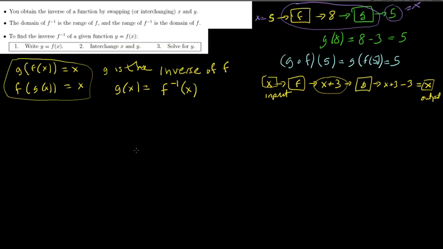After all, if I just write 3 to the -1, you would recognize that immediately as 1 over 3, if -1 is the exponent here. However, remember what f is. F is just the name of the function. It's not a number. So this -1 here is not an exponent.